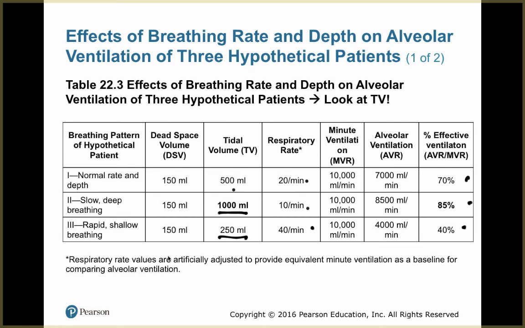The respiratory values are artificially adjusted to equivalent minute ventilation as a baseline. But you can see here, same dead space, respiratory rates are different. And if you look at the minute ventilation, you'll notice they're all about the same. But how effective ventilation is different, because here you're showing that this is more effective because you have more tidal volume per breath. Versus here, you might be breathing faster, but you're not breathing as deeply. So those are going to drastically change these outcomes.